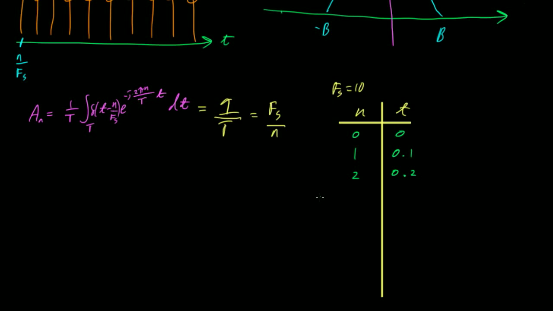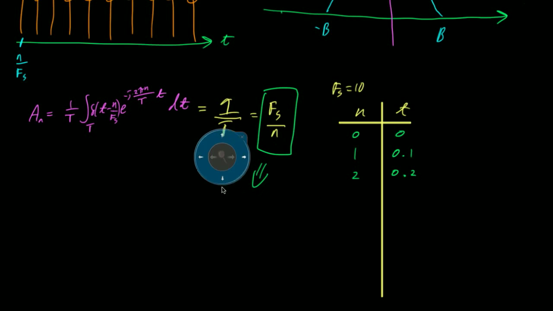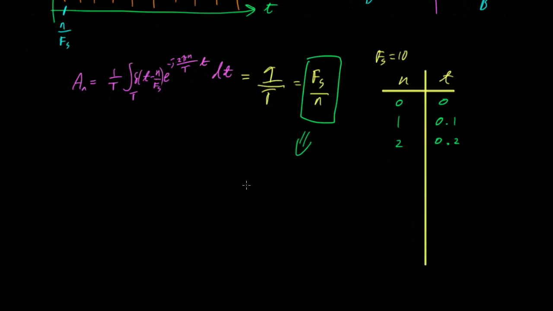All right, so this is my answer. Another way to interpret this is that the frequency is one over t, isn't it, fs over n? That's 1 over the period.